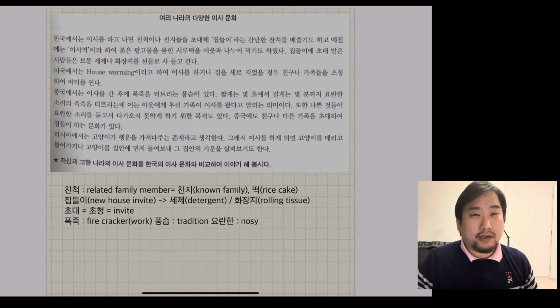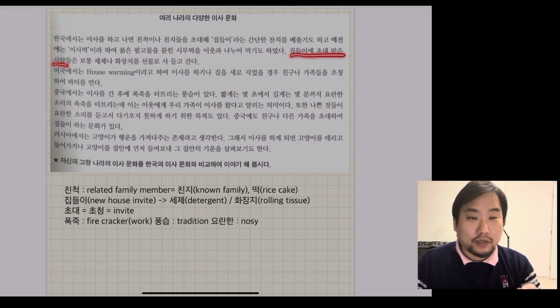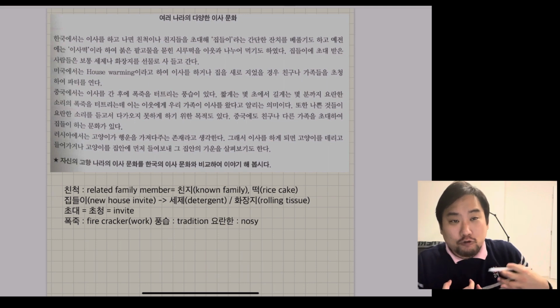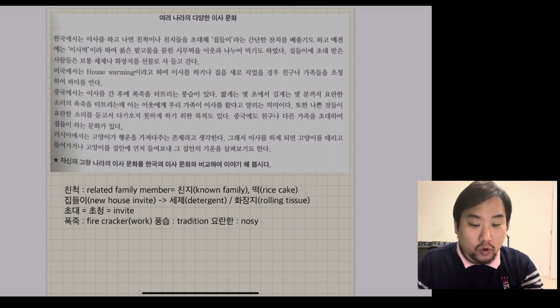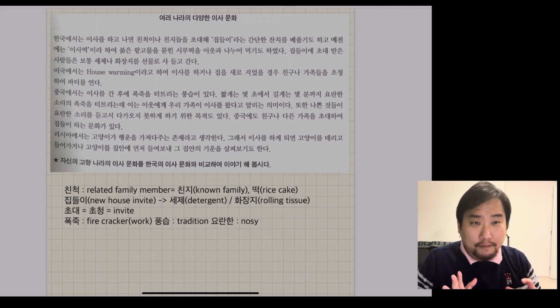So there would be a small invitation and sharing 이사떡 around the houses. 집들이에 초대받은 사람, someone who is invited to the 집들이, 보통 세제나 화장지를 선물로 사들고 간다. 세제 is detergent and 화장지 is rolling tissue. That is your homework, and if I make the question item, I want to ask why.